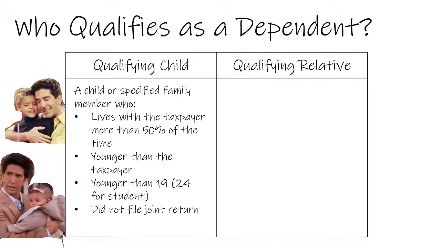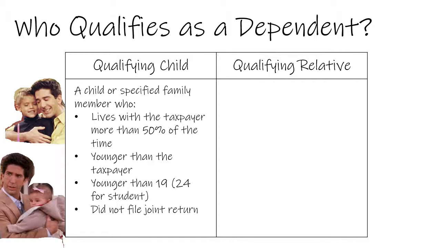An exclusion exists if the qualifying child did file a joint return with their spouse, but only to collect a refund. As long as the child did not file a joint return and owe a liability, a parent or guardian can claim them on their tax return.